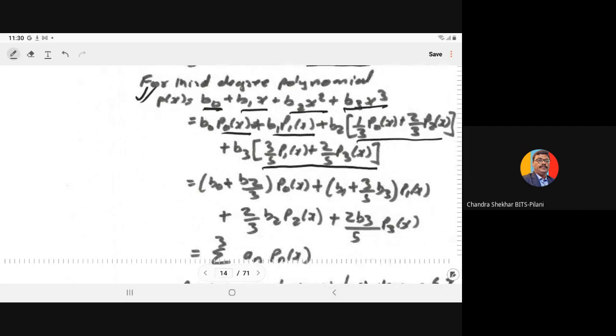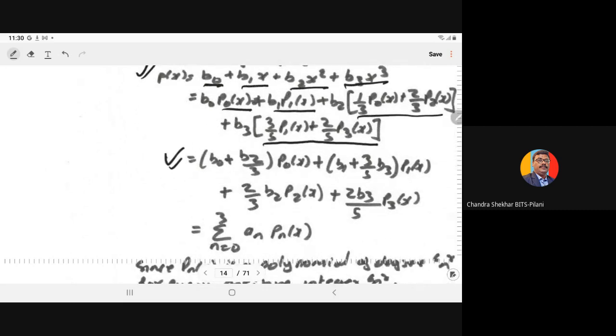So here you can see this is the linear combination of Legendre polynomial. Legendre polynomial means any polynomial, any order polynomial or any degree polynomial can be written as linear combination of Legendre polynomial.